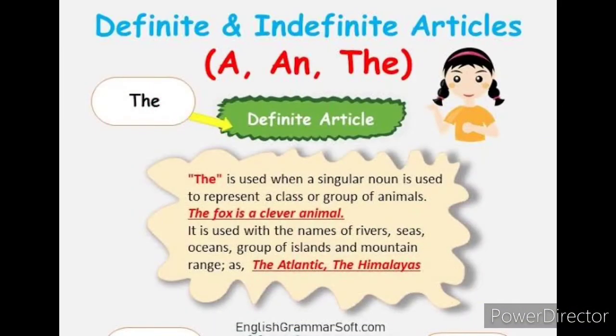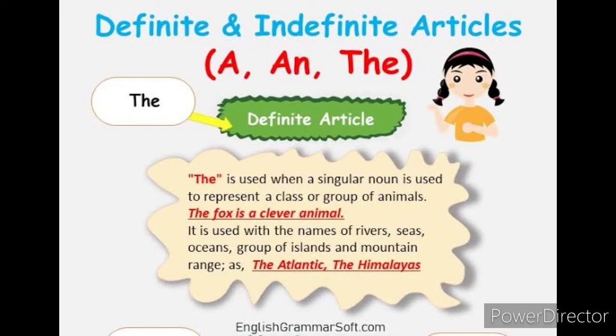So here are a few definitions and examples. The definite article the is used when a singular noun is used to represent a class or group of animals. The definite article the is used in front of singular nouns. Look at the example here.